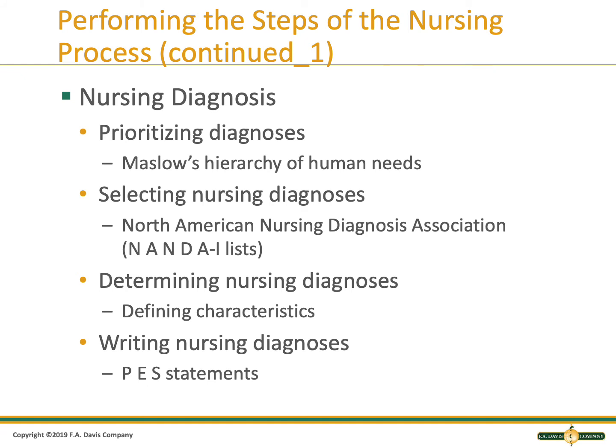When you're writing a nursing diagnosis, it includes three parts: the problem, etiology, and signs and symptoms. So the problem is the diagnostic concept or label based on the patient's needs.